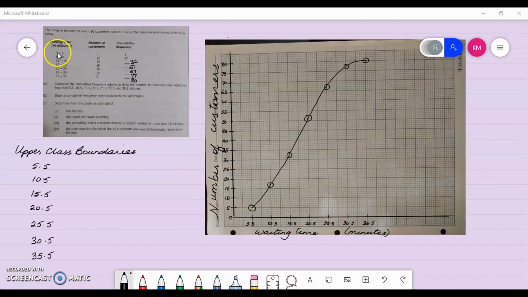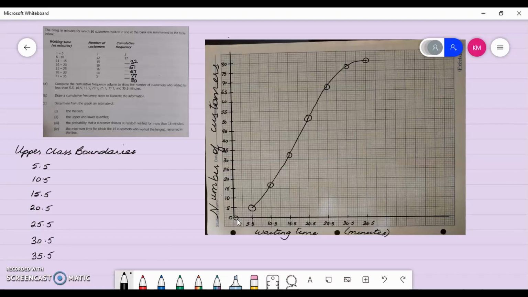I need to find my lower class boundary, and that is going to be 0.5, and that is how I'm going to connect that first point to my x-axis. So I'm going to look for 0.5, and that 0.5 is supposed to lie around here.